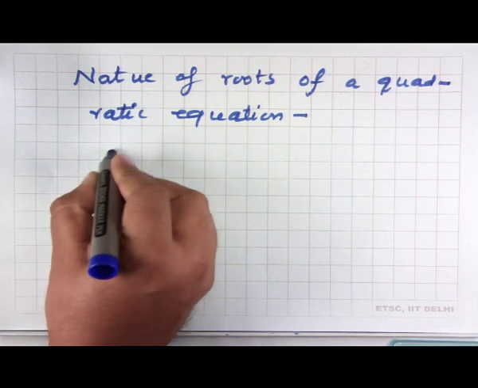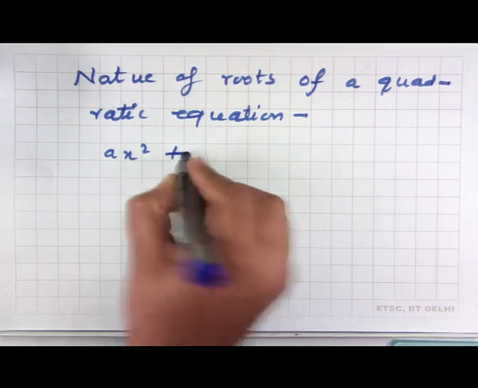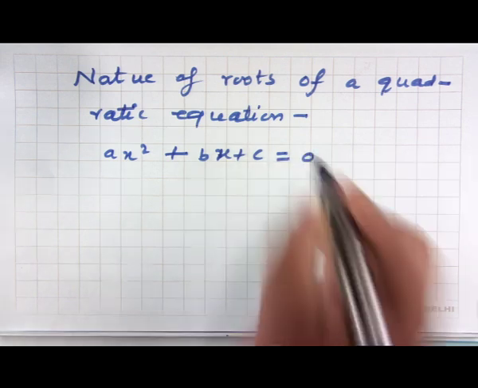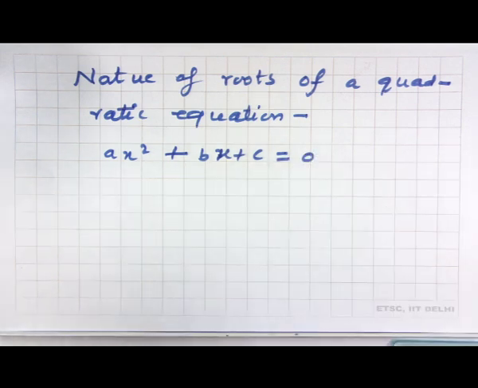Suppose ax square plus bx plus c equals 0 is our quadratic equation. Now we shall discuss the nature of the roots.